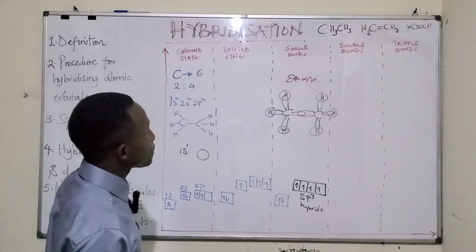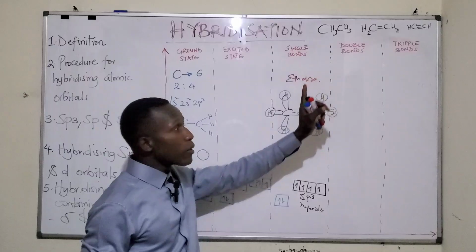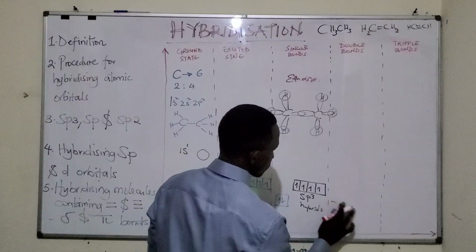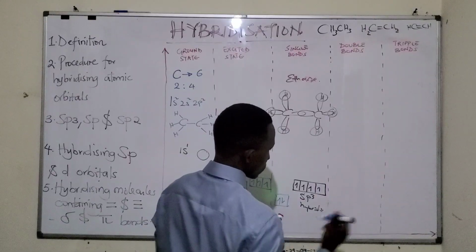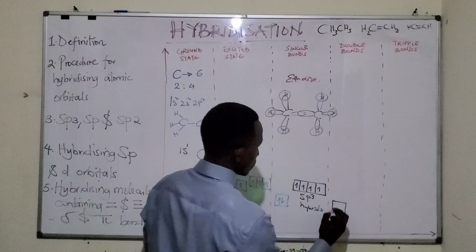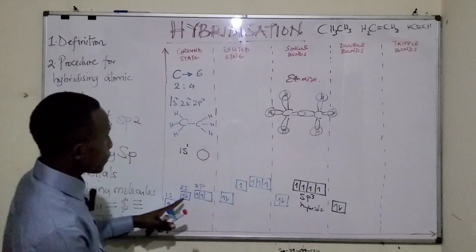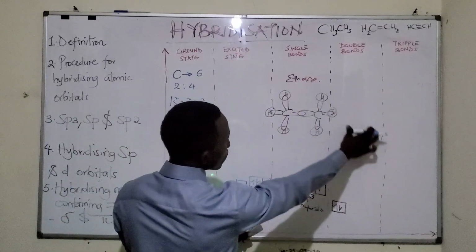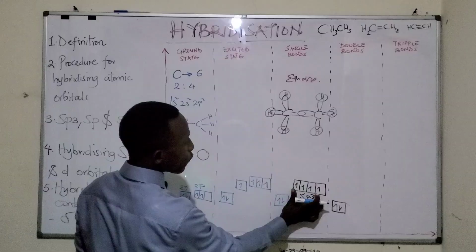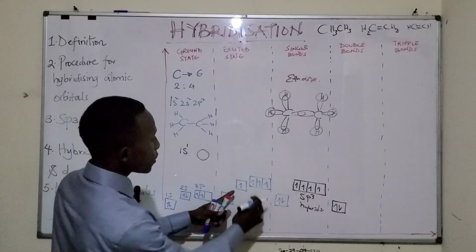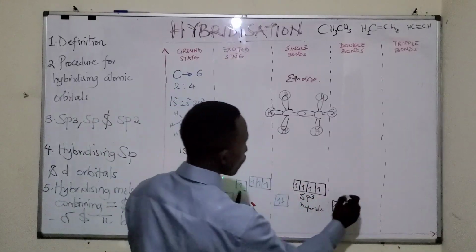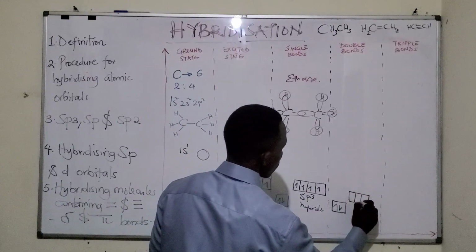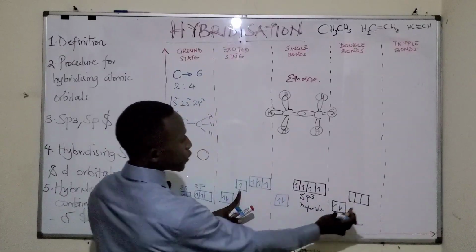Then in the case of ethene, we are forming double bonds. This one remains at ground state. For the excited state, now we want to form the double bonds. Instead of bringing all four hybrids, we shall bring only two p electrons and one s, and these form three hybrids.